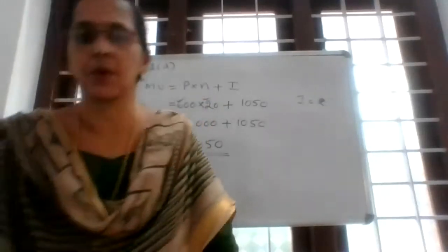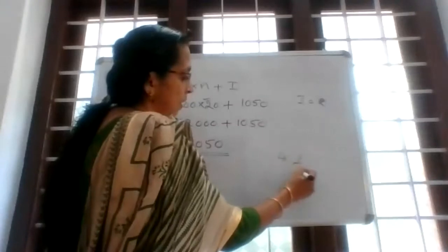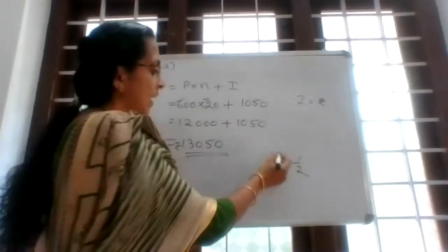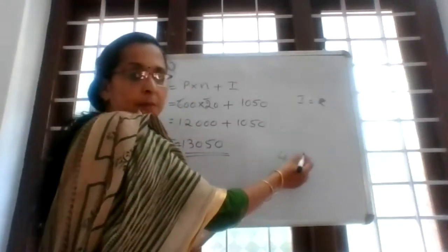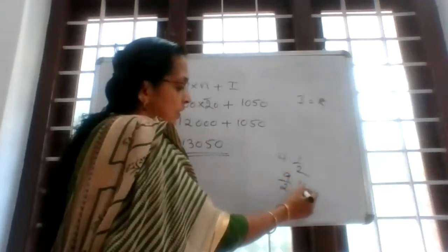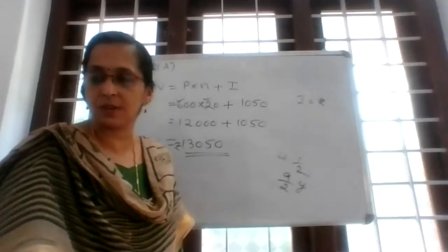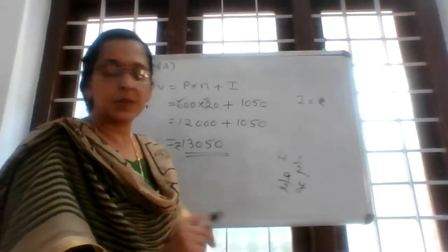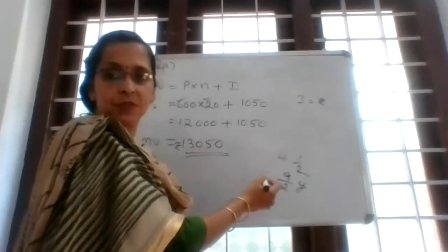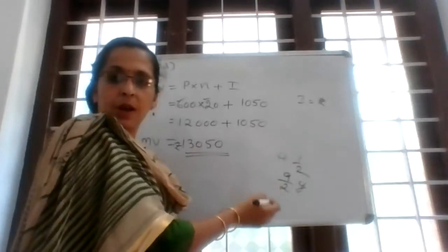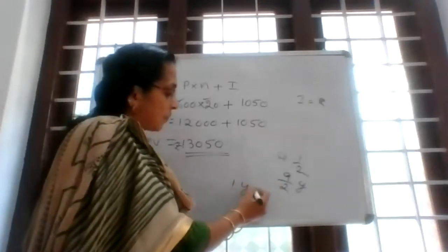4 1/2 years means what? We can change that. 4 into 2, 8, 8 plus 1, 9/2 years. You can convert that mixed fraction into improper fraction, 9/2 years. So 9/2 years means what? 1 year is 12 months.